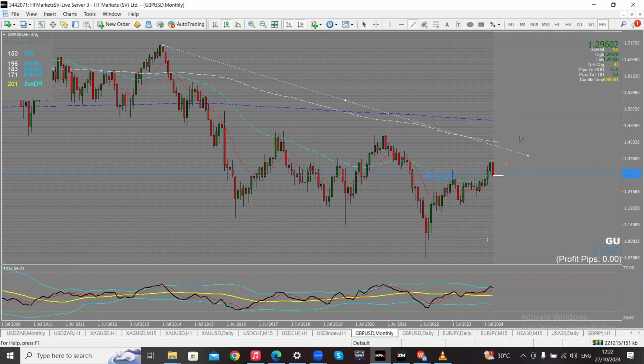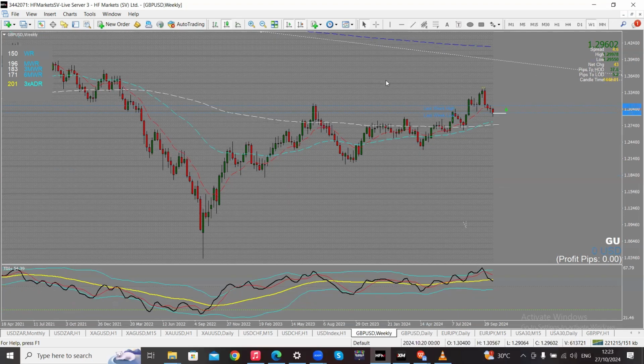Price has been absolutely going down. This is on a longer term view, and apparently this month is likely to end bullish or bearish. Sorry.